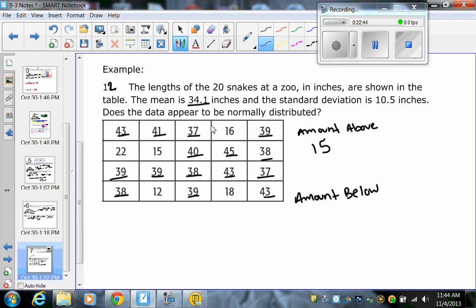And then the amount below leaves me with 1, 2, 3, 4, 5. So what we see here is that they are not evenly displaced around the mean. You have 15 numbers above the mean and 5 numbers below the mean. So a normal model in this case would not be appropriate.